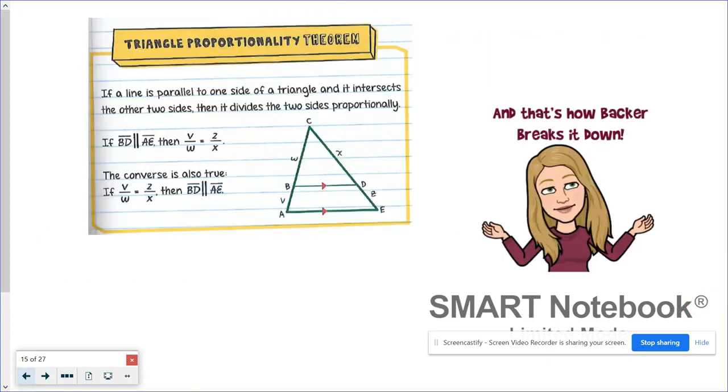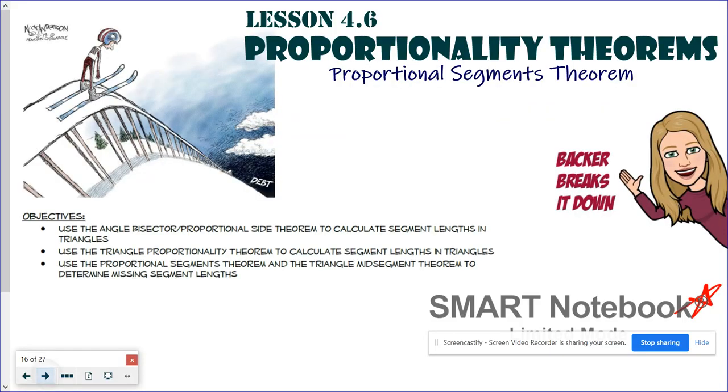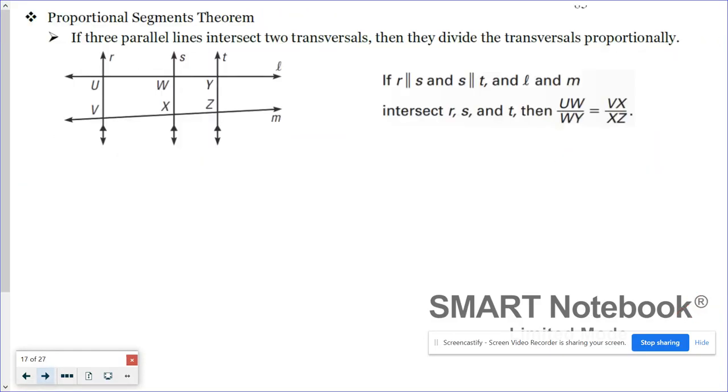So I'm just going to go back in time here. Remember this one? Okay. So if I were to chop off the top part of this triangle, that's how you're getting the diagram in today's lesson. It's basically the triangle proportionality theorem, but the two sides never meet and join each other, creating that triangle shape.